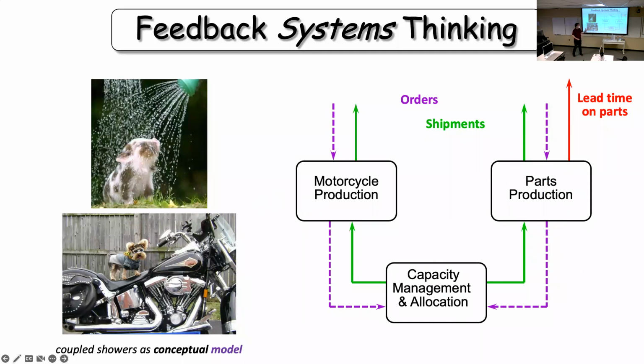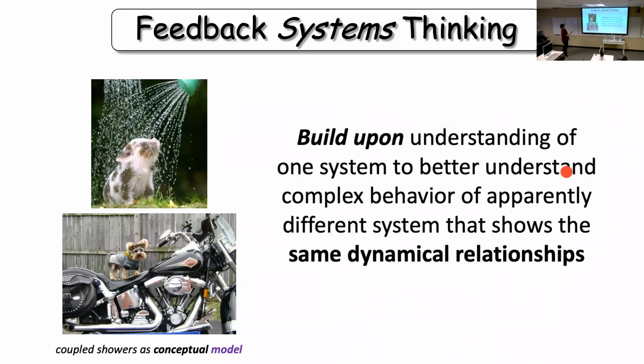Effectively, this is exactly the showers example we've talked about here. It's just using a different currency. It's not water anymore. It's money that's going to either parts or motorcycles. Clearly there are a lot of differences between dueling showers and dueling motorcycle subunits, but the fundamentals are so similar that if you need to explain boom and bust cycles, you have to start asking: are there capacity limitations that are causing different parts of the same system to share a limited resource?